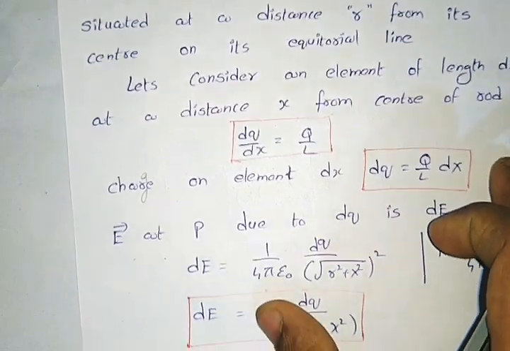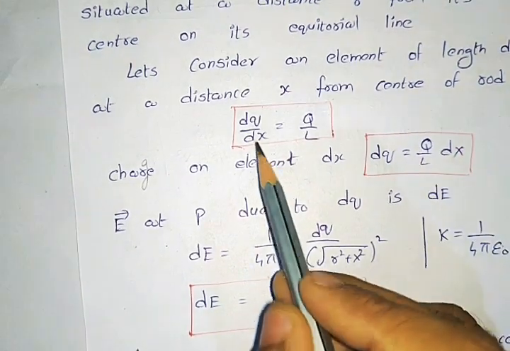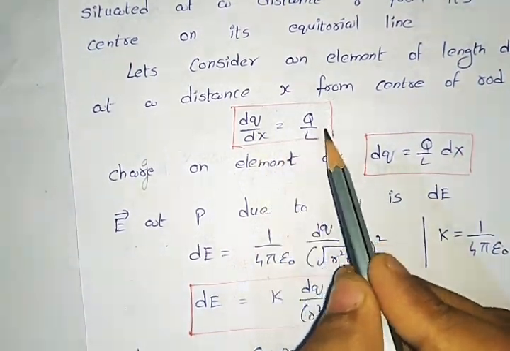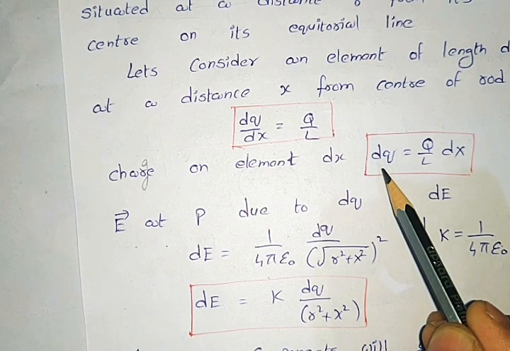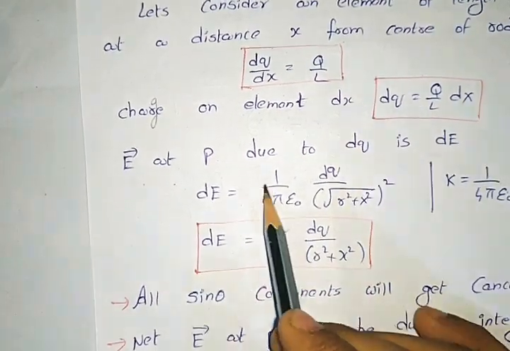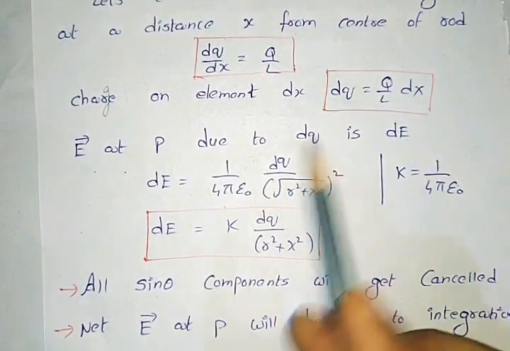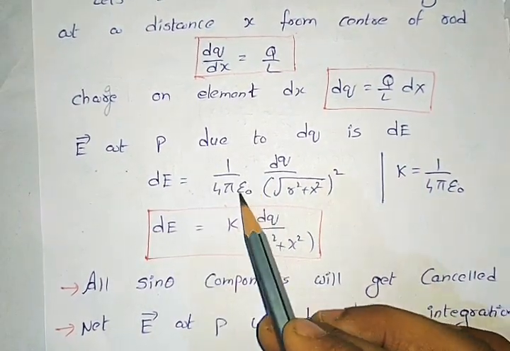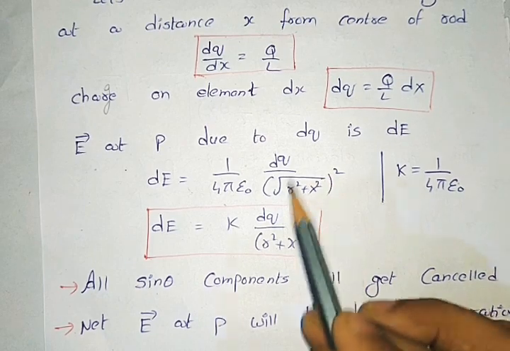Now this is a case of linear charge density, so dq by dx equals q by L. From that we find dq equals q by L dx. So the electric field intensity at point P due to dq can be given as dE equals 1 by 4 pi epsilon naught times dq by distance square.